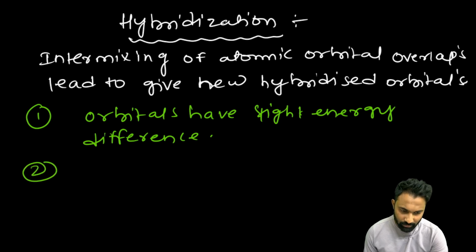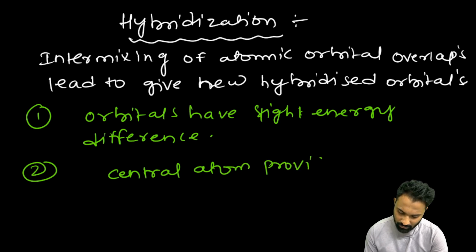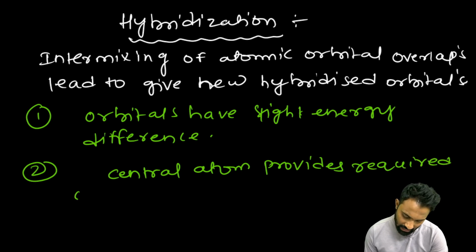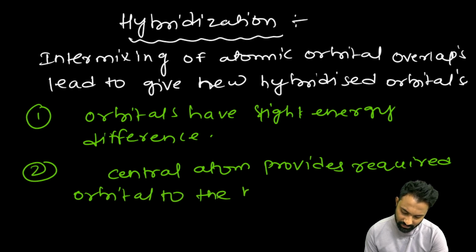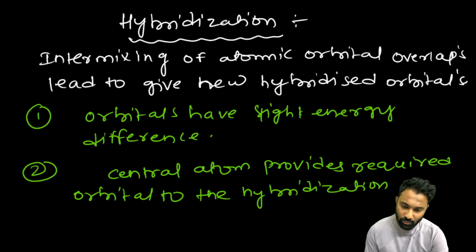Second point you have to remember: the central atom provides the required orbitals. To form the hybridization, the central atom provides the required number of orbitals.